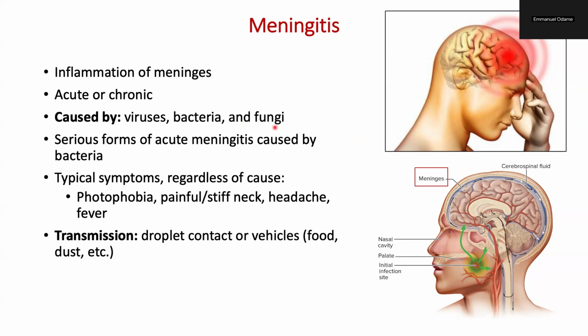And then some serious forms of acute meningitis are caused by bacteria. The typical symptoms are photophobia, stiff neck, headache, and fever. It is transmitted through droplets or vehicles such as food.